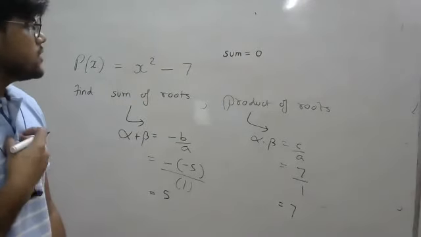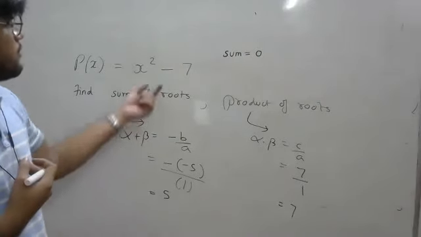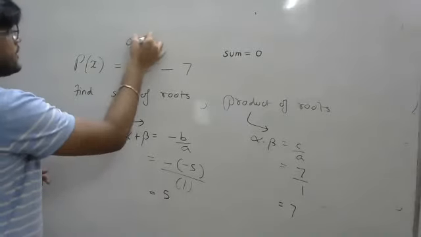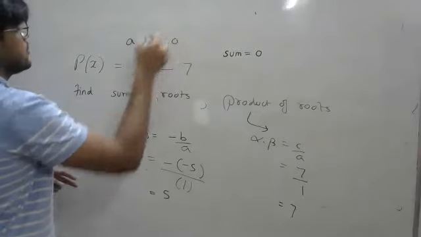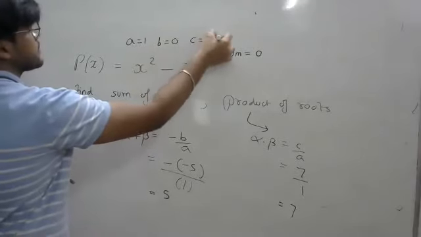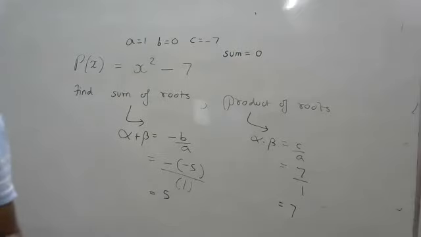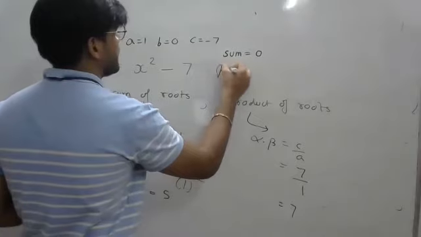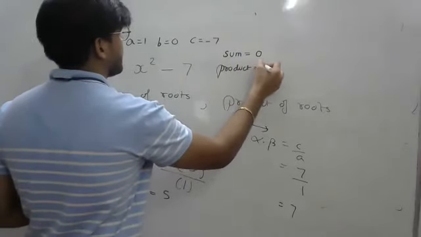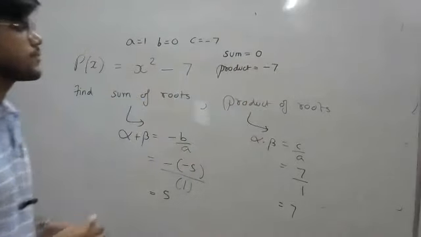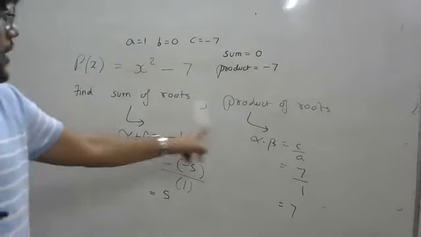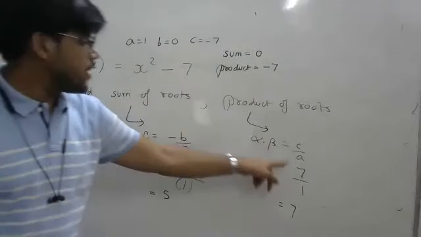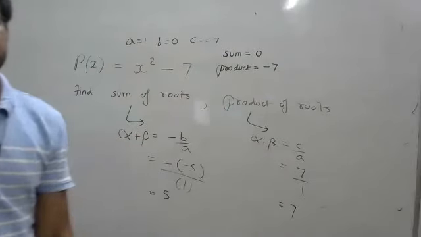The sum will be 0 because here a is 1 and there is no term of x, so b is 0 and c is minus 7. So the sum will be 0 and the product will be minus 7, because b is 0, so it is 0, and here c is minus 7 upon a, which is 1. So we'll get this.